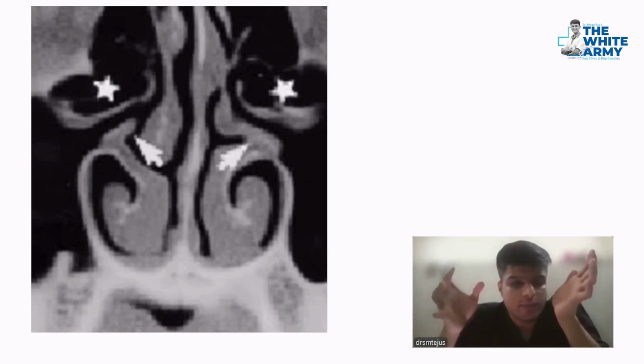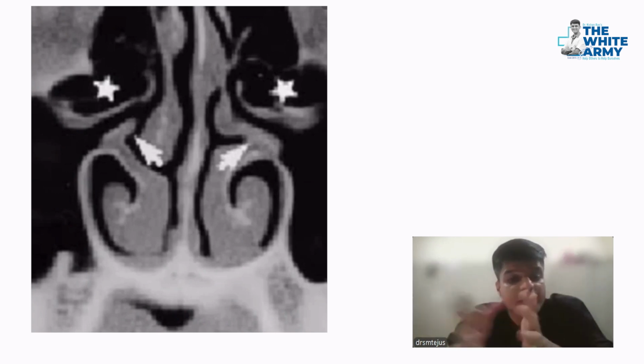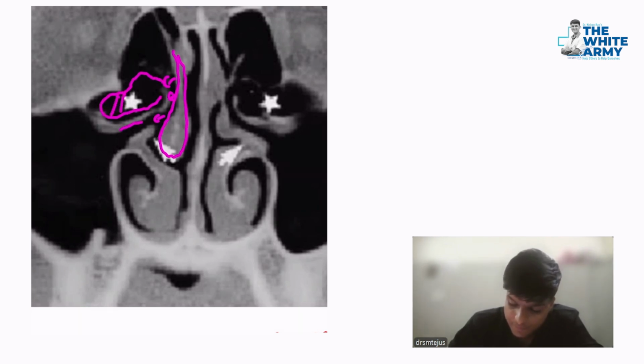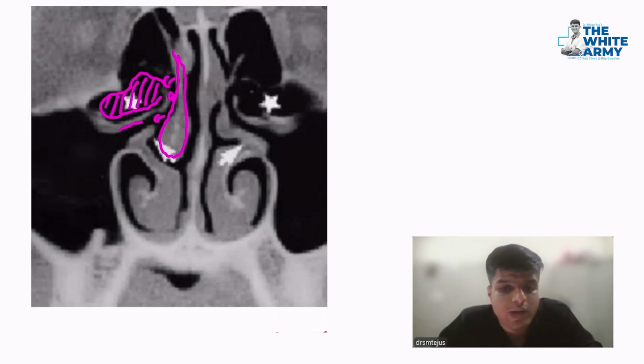Like I already told you, ethmoidal air cells are present somewhere between the middle turbinate region and the ethmoid bone. So it is present in the middle meatus. Like we have already discussed in our first class, this is our middle turbinate. The area beneath the middle turbinate is considered our middle meatus. So in this region, the biggest anterior ethmoidal cell is called bulla ethmoidalis.